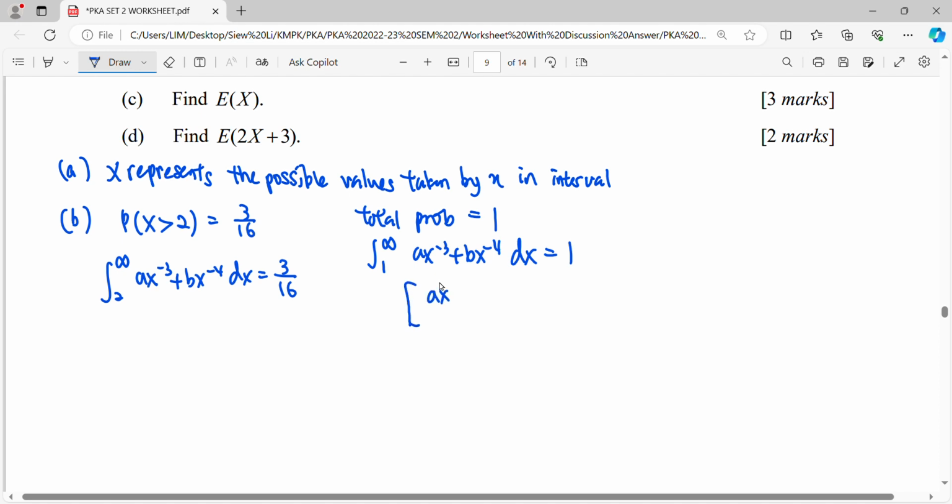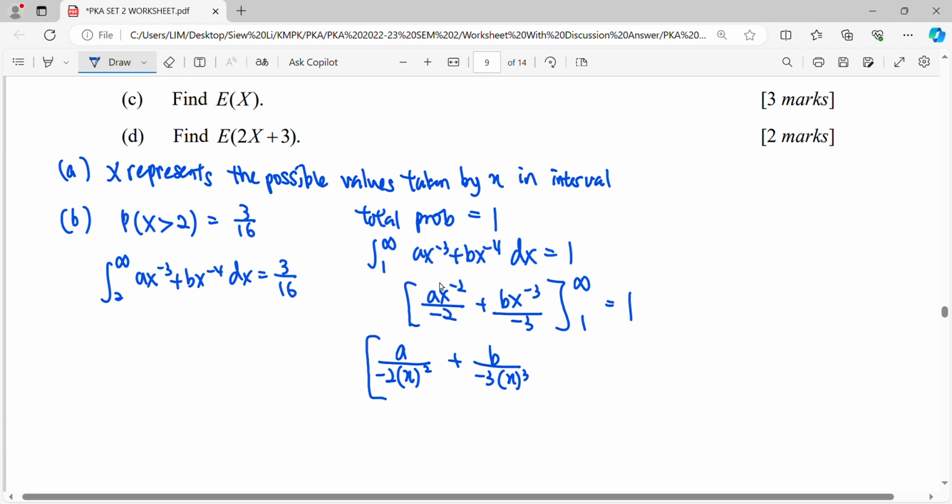Integrate with respect to x: power plus 1 over new power. Upper limit is infinity, lower limit is 1. Then we substitute upper limit minus lower limit. So to substitute infinity, you can see x is to the power of negative 2, which means a over negative 2x squared plus b over negative 3x cubed.